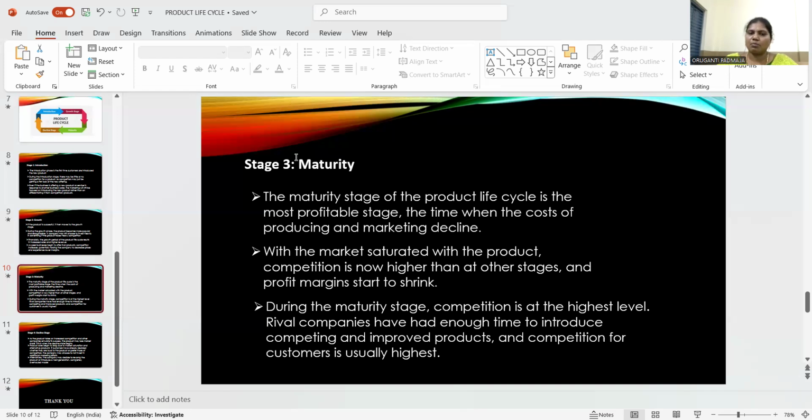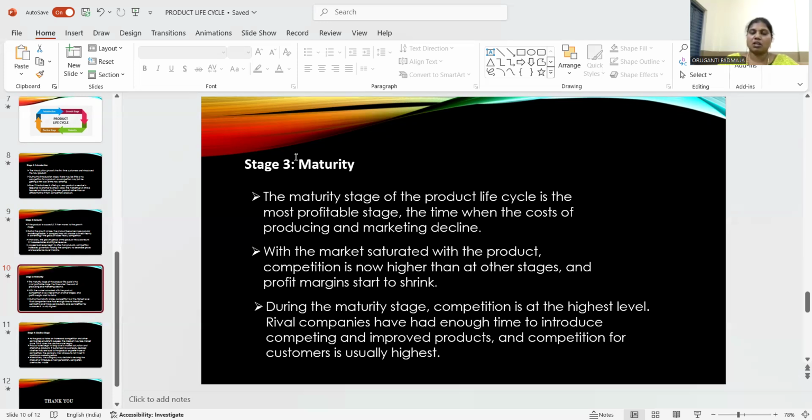It is the time when the costs of producing and marketing decline, with the market saturated with the product.